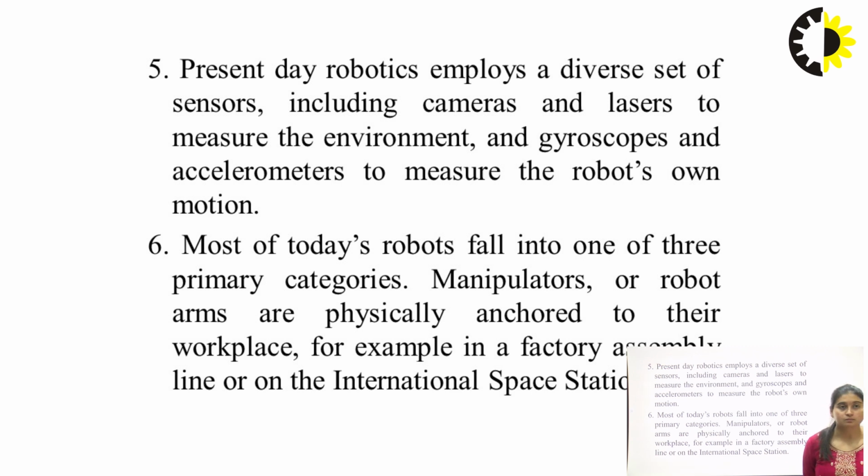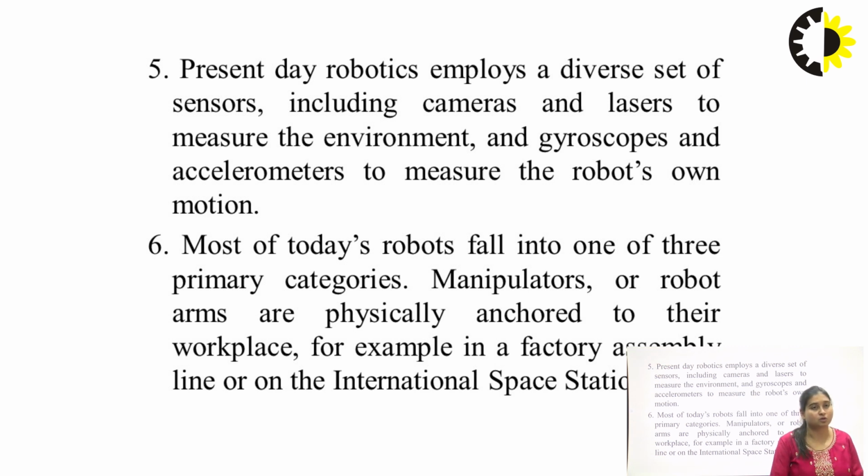Now, there are some more points about robots. The fifth point is that present day robotics employs a diverse set of sensors, including cameras and lasers to measure the environment, and gyroscopes and accelerometers to measure the robot's own motion.